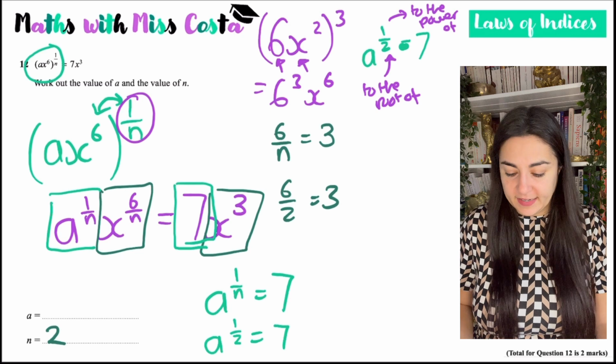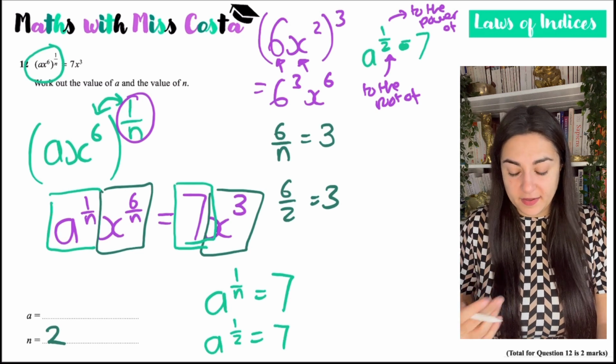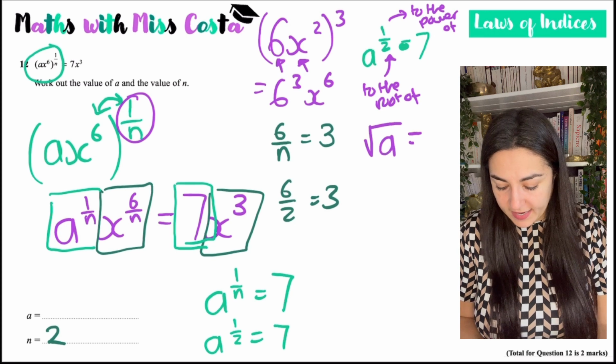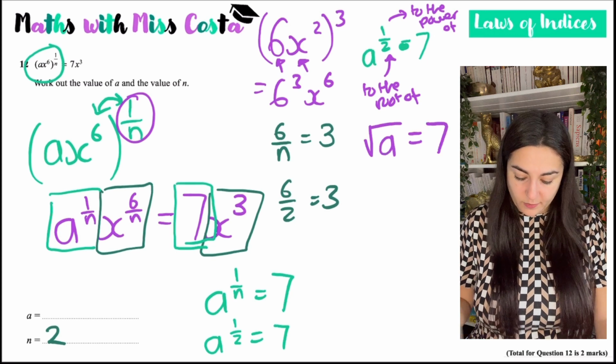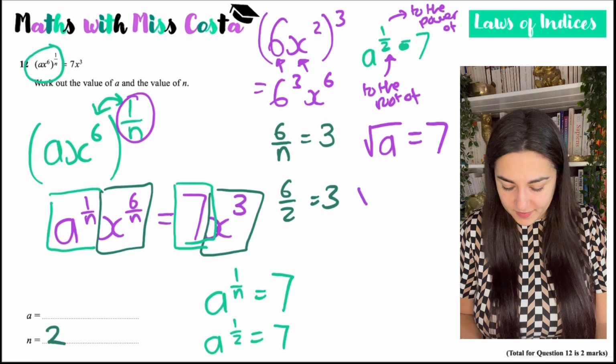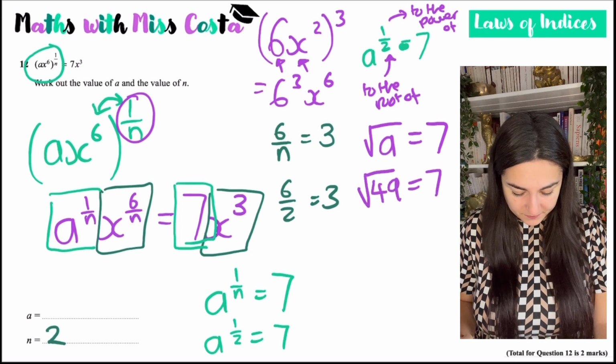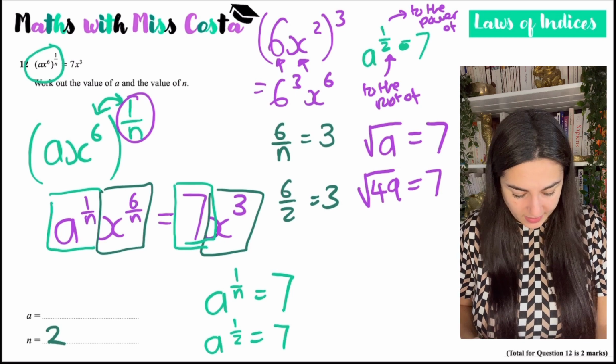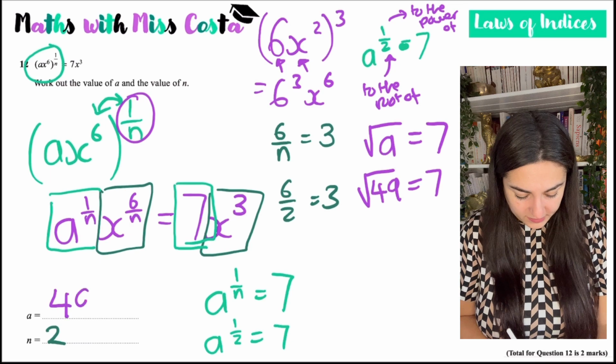So in this case, I need to think the square root of something. So the square root of a is 7. Well, I happen to know that the square root of 49 is 7. So a would be 49.